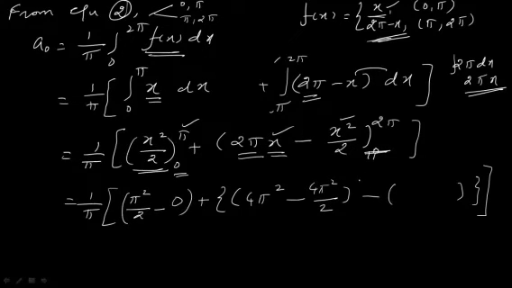Minus, coming to the lower limit, in lower limit you have pi. Now you replace this x by pi, what happens? 2 pi product pi is nothing but 2 pi square minus, replace this x square by pi square. Now 2 pi square minus pi square by 2.